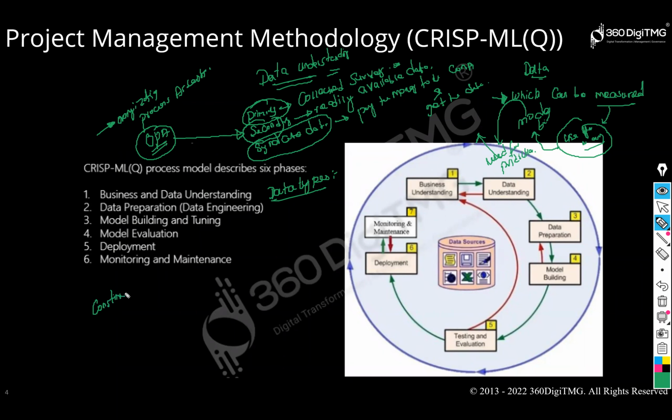Continuous data can be represented in decimal format. Discrete data cannot be represented in decimal format. If you can represent data in decimal form, it is continuous data. If we cannot represent the data in decimal form, that is discrete data.